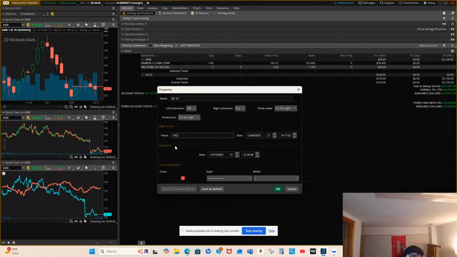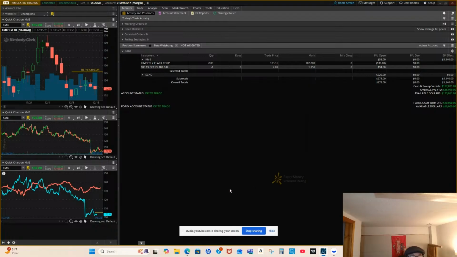Actually, I guess it would just be 105.09 that they have to pay. We paid the 103.16, but they paid the $2.09, then they're going to have to pay $103 for the shares. So the shares have to be $105.09 just to be a good break-even price for them. That's the point where the stock has to get for them to take it from us.